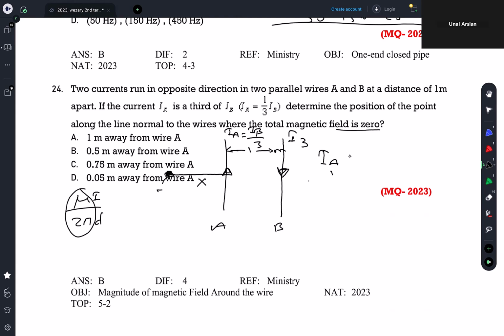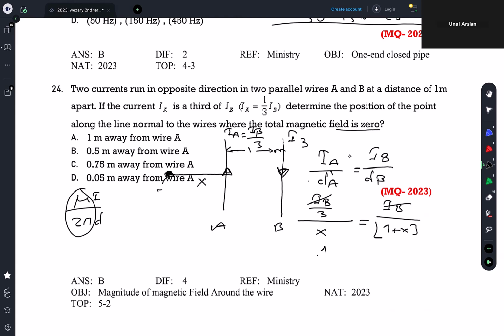The electric current of wire A divided by the distance of wire A is going to be the electric current of wire B and the distance from wire B to the point. So the electric current of A is IB over 3, as given in the question. The distance from A to the point is X. And the electric current of B is IB. And the distance from B to the point is 1 plus X. These IBs will simplify.